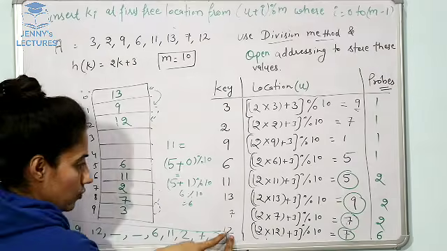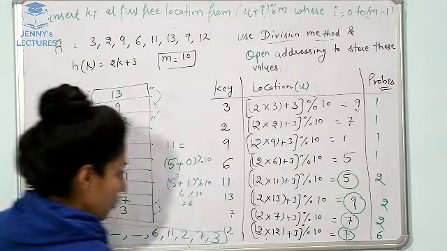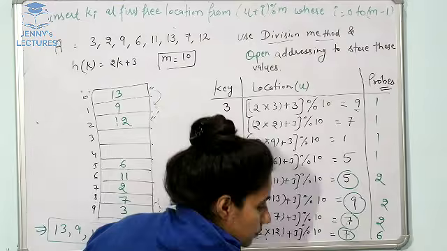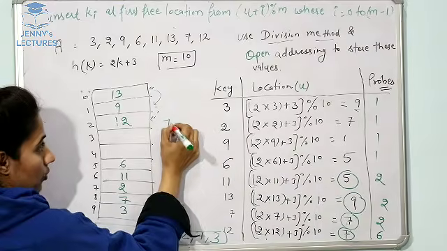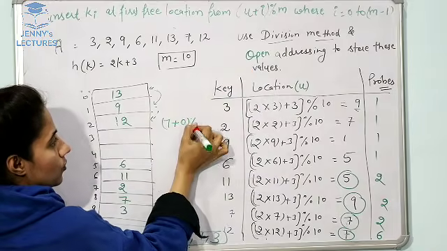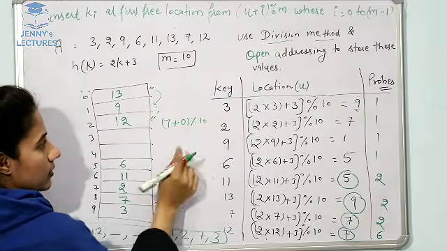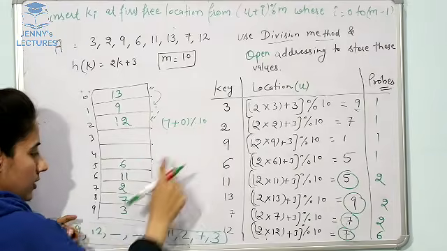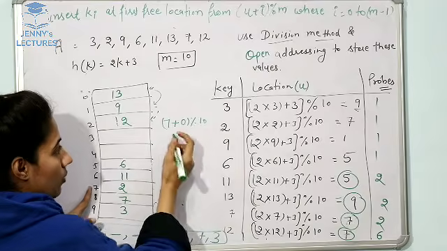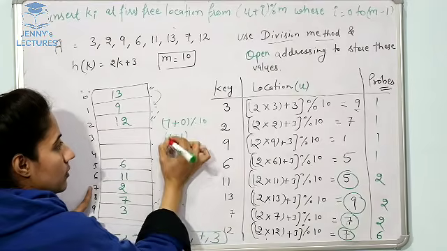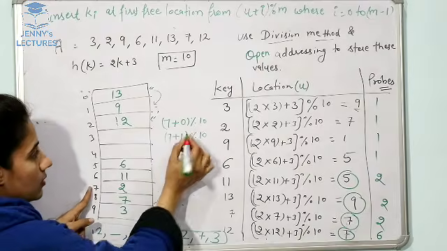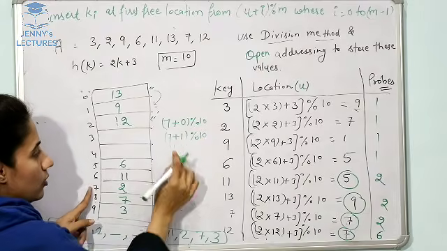Okay, in case of this 12, check out. See, for 12, what is the value of u? The value of u is 7. Calculate 7 plus, in starting value of i is 0, mod 10, 7 mod 10 is 7, this one is not free. Now 7 plus 1 mod 10, that is 8 mod 10, that is 8.